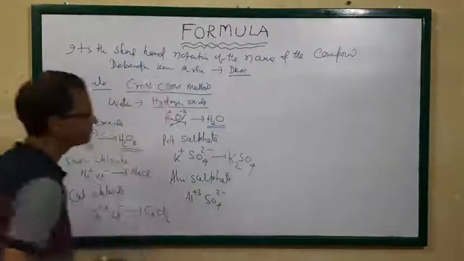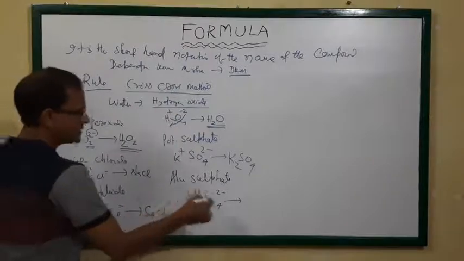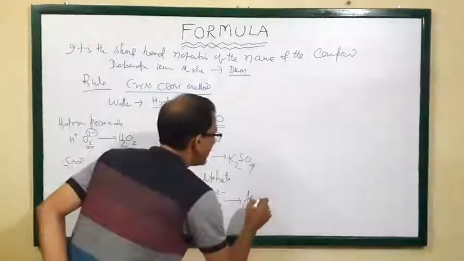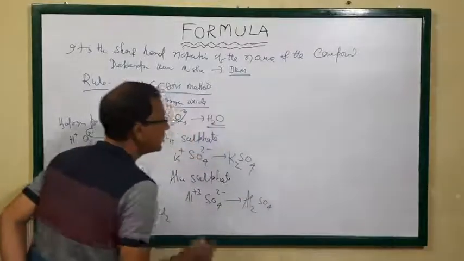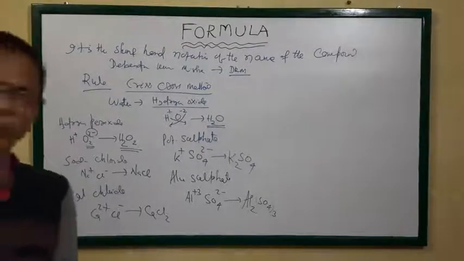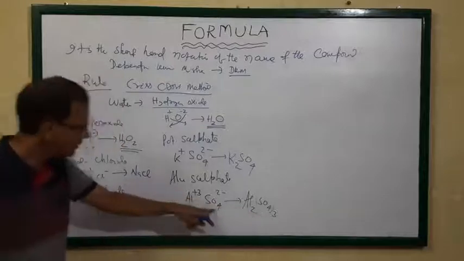Then exchange the radicals. Here 2 will be on this side, so Al2, and 3 will be on the sulfate side. As it is a polyatomic radical, you have to use a bracket, so that you can know the valency.